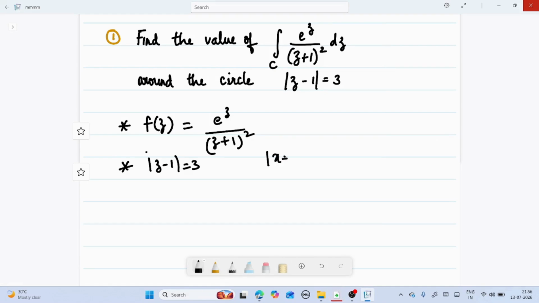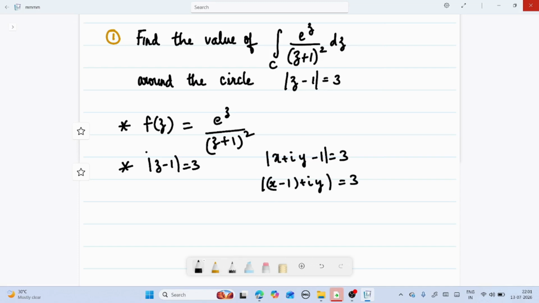So this will be modulus of x plus iy minus 1 equal to 3, because z can be represented as x plus iy. This can be further simplified by bringing all the real terms together and the imaginary part.